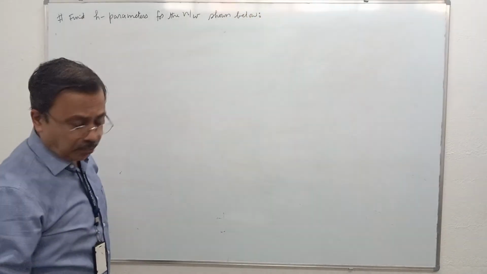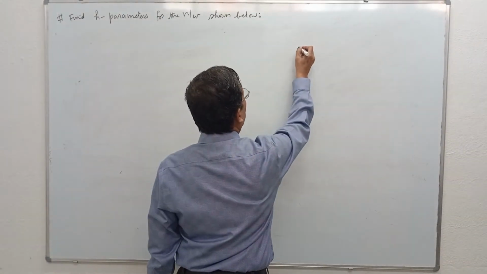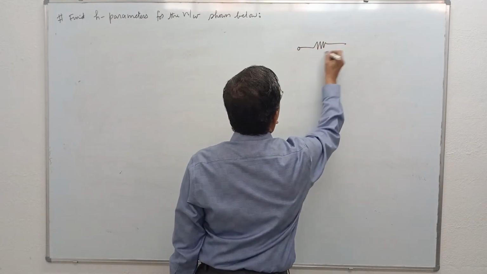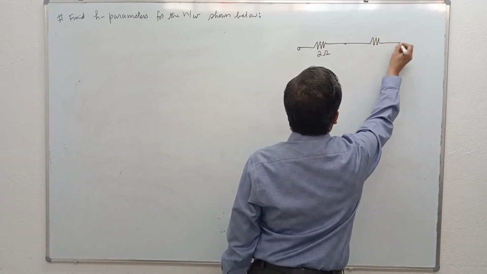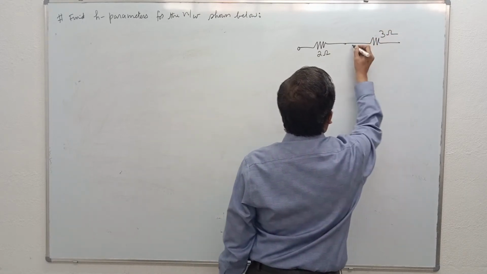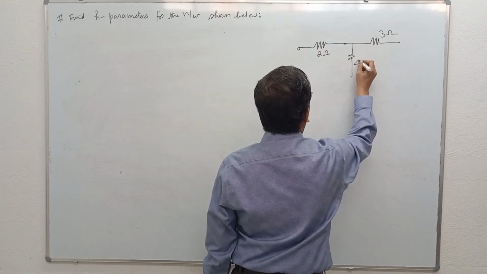This is an examination problem. Very simple problem. It's a T network having the elements 2 ohms, 3 ohms and 4 ohms.